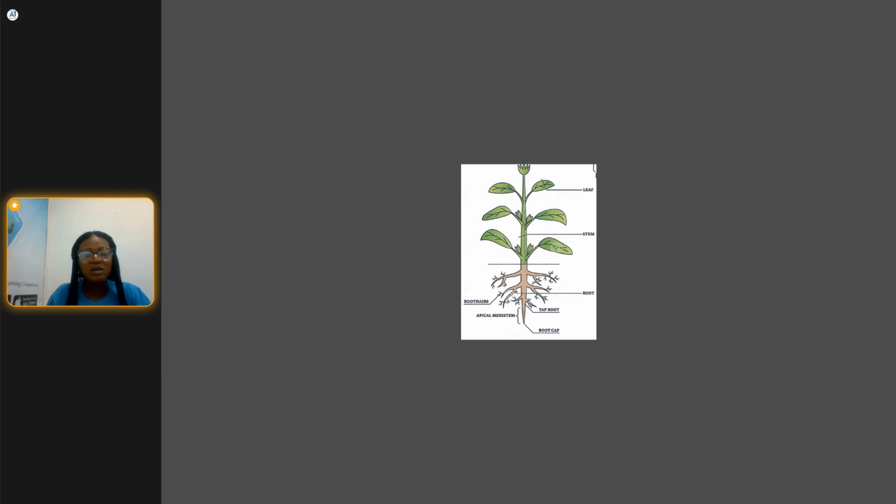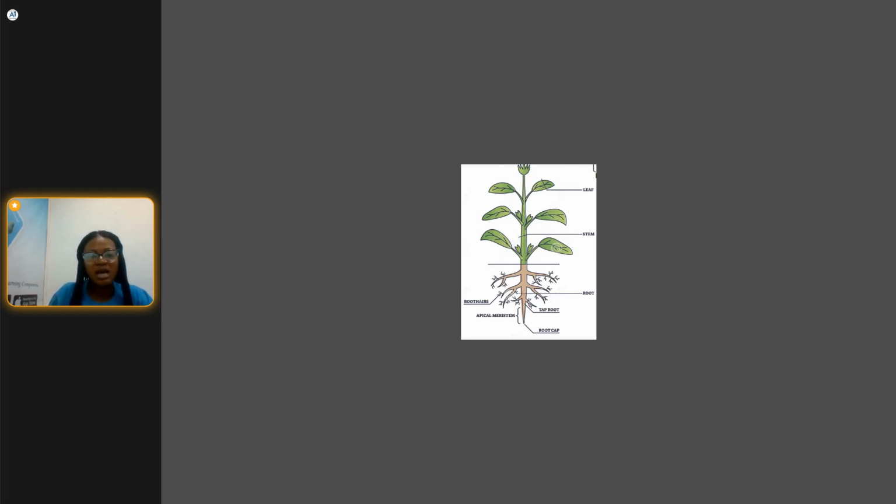So the internal structure of a flowering plant consists of the various tissues and systems that perform essential functions. Just like I explained about human beings, you have different organs in your body, different systems with different functions. Likewise, we have the same thing in plants. They have different tissues, different systems in their own body. All these things are what we want to look into.